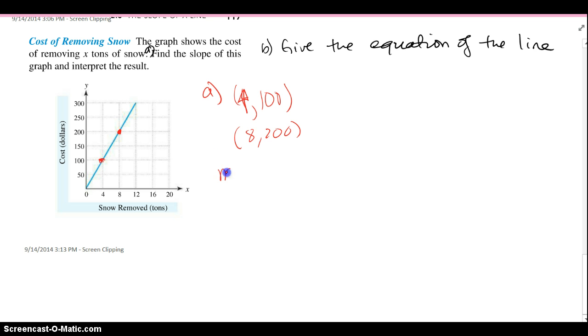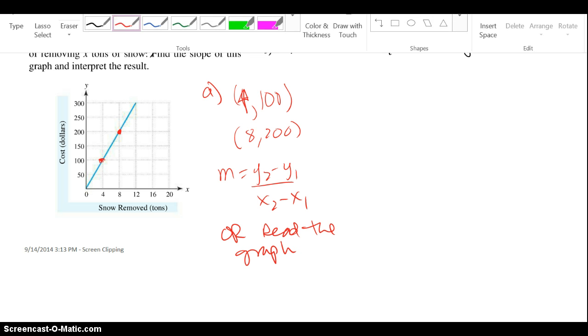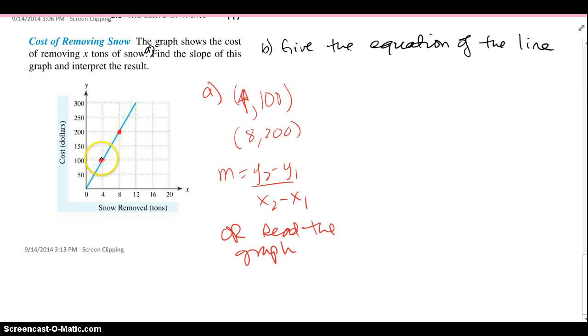So I can either use m equals y2 minus y1 over x2 minus x1, or instead I'm going to just read the graph. That might be easier for me here to do. Reading the graph, I'm going to notice that I'm going up not 2 steps, but actually it looks like 100 steps, because I go up 50 and then another 50 up. That's 100 units that I'm going to go up.